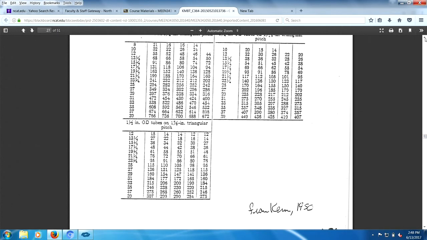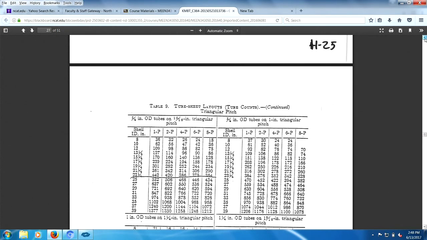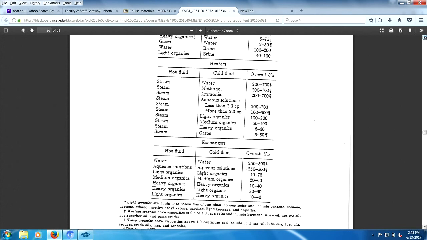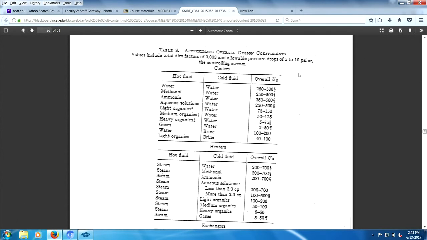And the first thing you've got to recognize is these guys get a minus 100 on Tatterson's test because there are no units on this, right? There's no units. You've got the fluids, you've got hot and cold fluids. So these heat transfer coefficients can actually be very miserable, I'll tell you, very, very miserable. But this is BTUs per hour foot squared degree F. Anybody would know that, because those were the only units used back in 1950.